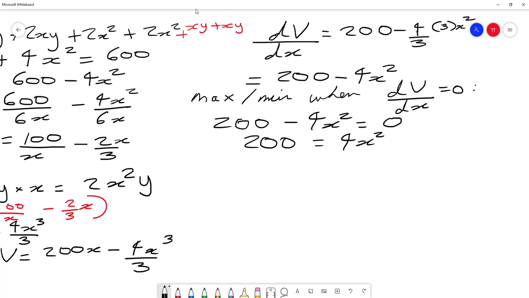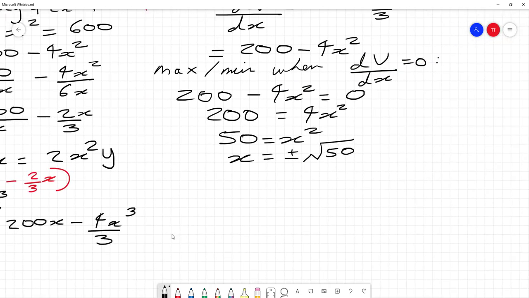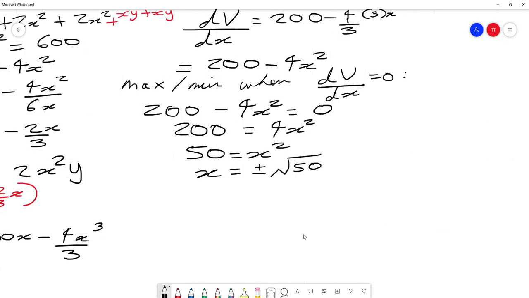So dividing that by 4, I'm going to get 50 equals x squared. So x equals plus or minus the square root of 50. So if we now go back and read the question for the next part, we need to find the maximum value here. So I'm going to put in positive root 50 because it's a volume.